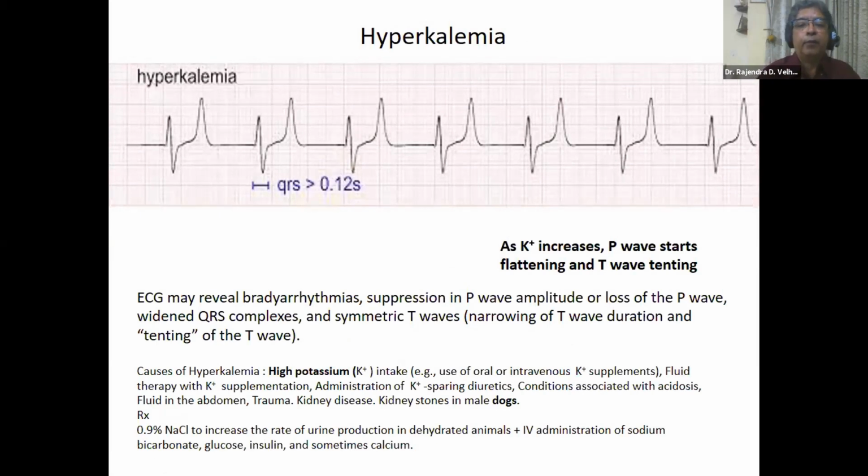Of course, here if you see, the baseline is steady, it's not undulating. So this is a characteristic feature of hyperkalemia: the flattening of the P wave and the tenting or tall peaked T waves which are seen. So by looking at even this ECG, we can suspect that the patient could be having increased levels of potassium, and then you can send the blood sample to the laboratory for getting it assessed for the potassium level.